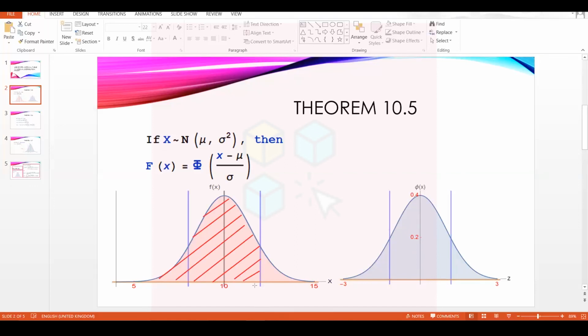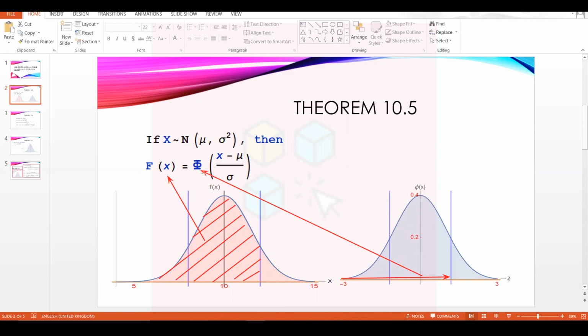In the figure of the standard normal curve, it's the point on the z-axis, and capital phi is the shaded area starting from -infinity up to the specified point.